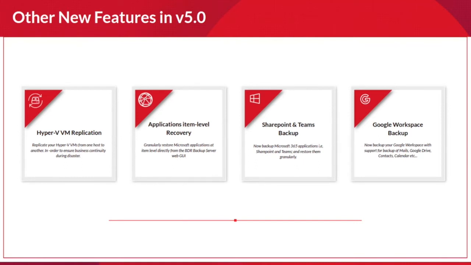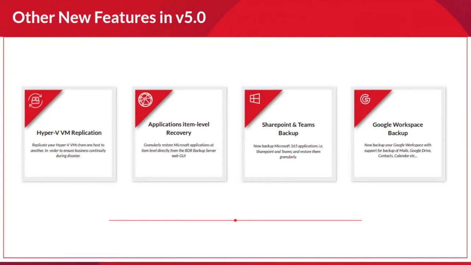You just select the application you want and perform the granular recovery. If you have Exchange, SharePoint, SQL, or Active Directory, you can select these applications and restore their items directly from the backup server user interface itself. No Vembu User Explorer is needed anymore.